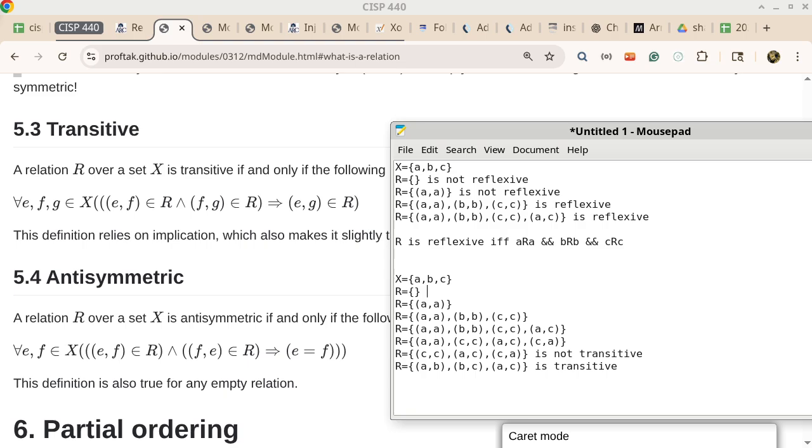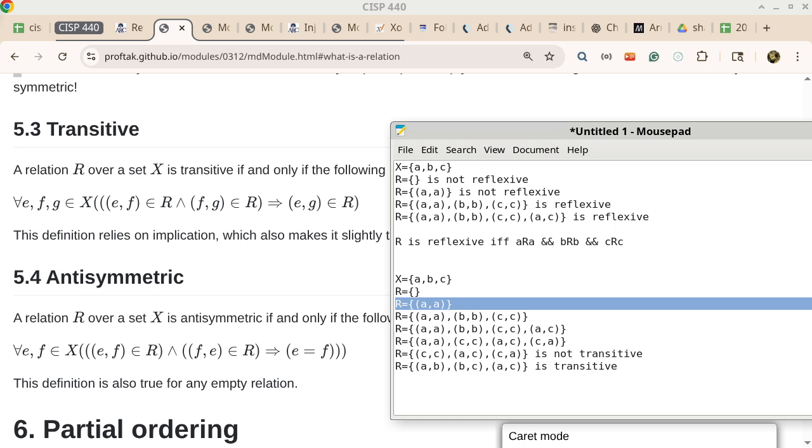If R is empty, then this element of and this element of are both false, which means the conjunction has to be false, which means the left-hand side of the implication is false. Sorry, I misspoke. So the left-hand side of the implication is guaranteed false, and therefore the implication itself has to return true. So we have now established that one is anti-symmetric.